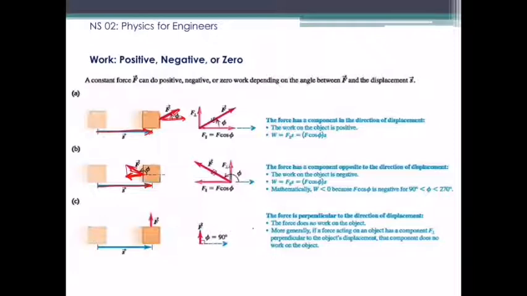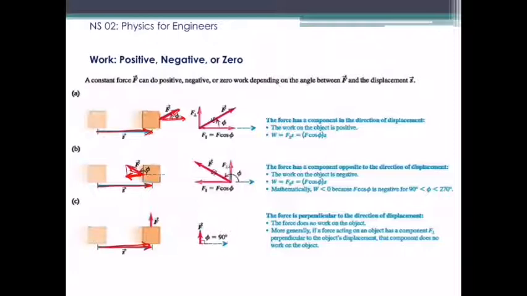Letter C. In this case, the work is 0. So, when is that? If your force is acting perpendicular to the displacement. If this is our displacement along X, going to the right, and your force is perpendicular, so 90 degrees with the direction of the displacement, the work is 0, since your phi right there is 90 degrees.